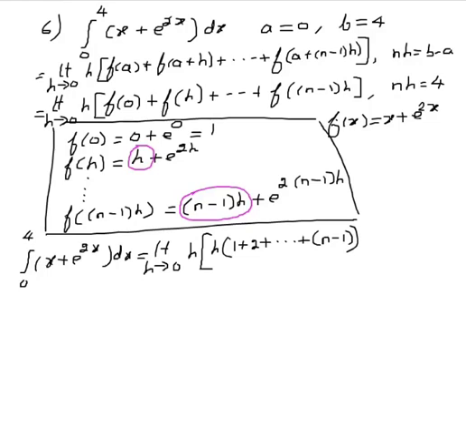I have told you if you take h out, you will get 1 plus 2 plus etc. If you take h square out, you will get square terms, 1 square, 2 square, etc. Then, let us add e terms. The first expression has 1 plus the second one has e power 2h, etc. The last term is e power 2 times n minus 1 h.